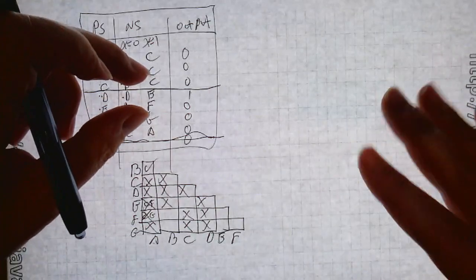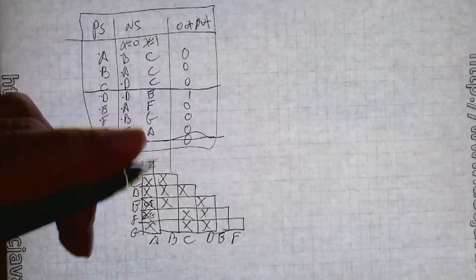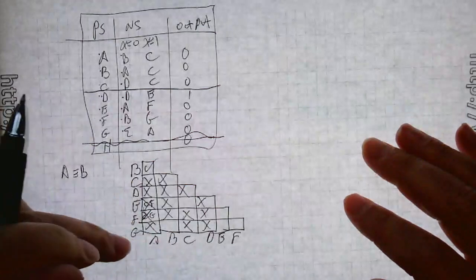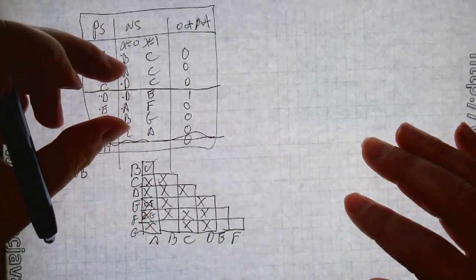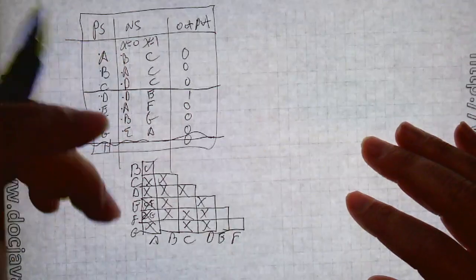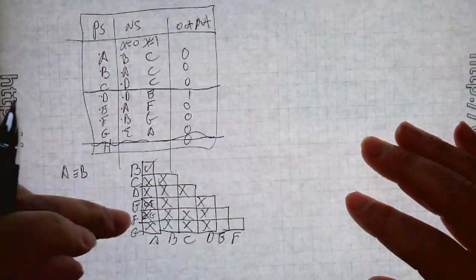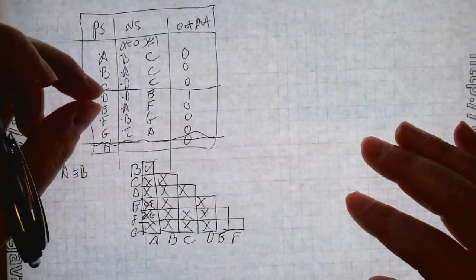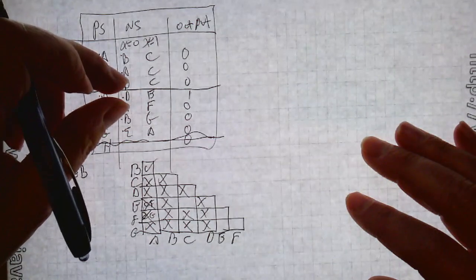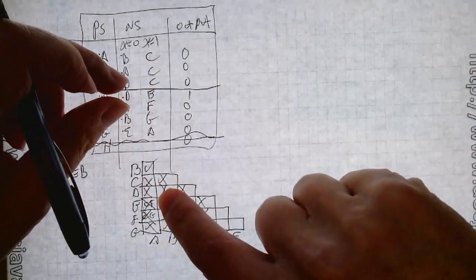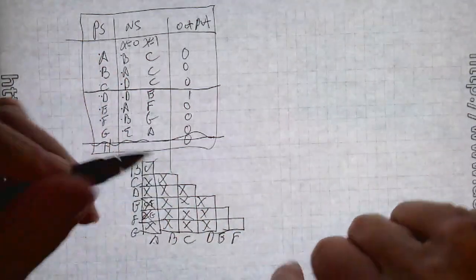And if C equals G, and it does not. B equals G if A equals E, and it does not. C equals E if A equals D. A does not equal D, therefore we get an X.